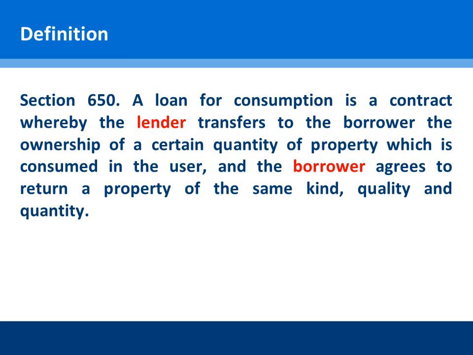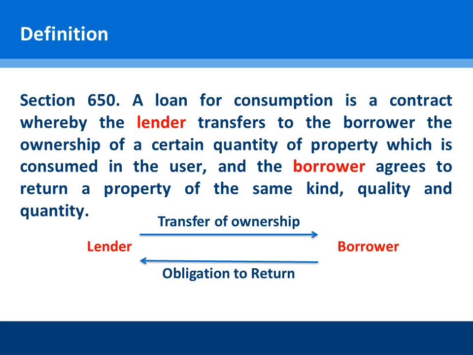And the same quantity. If I borrow 1 liter of wine, I must give you back 1 liter of wine. I cannot give you back half a liter of wine. So this is how it works. The lender transfers the ownership to the borrower, and the borrower has the obligation of returning the same property.